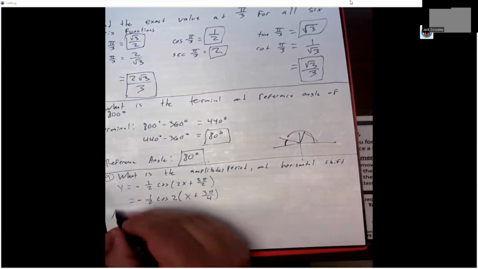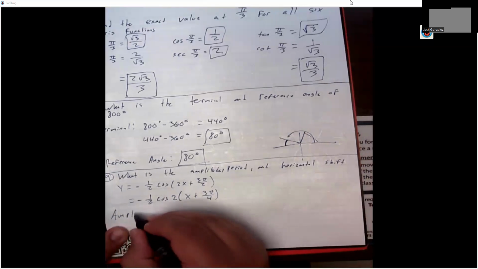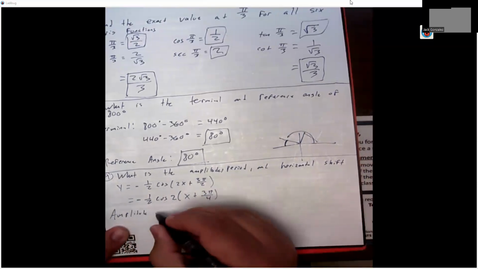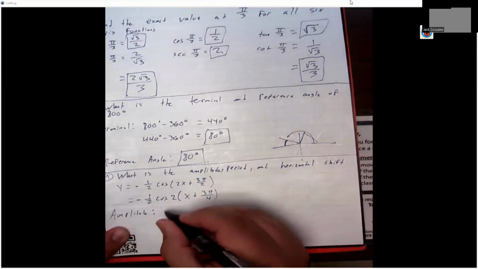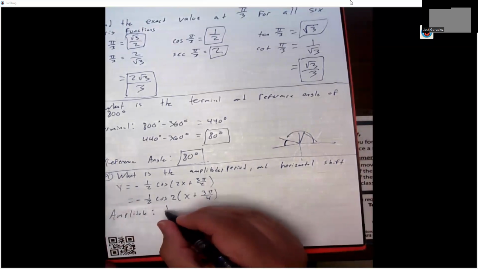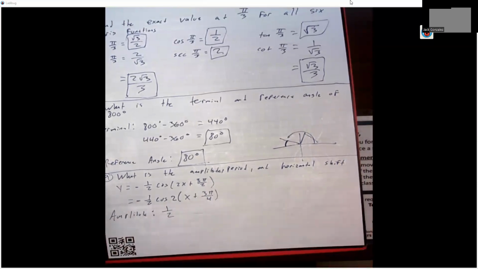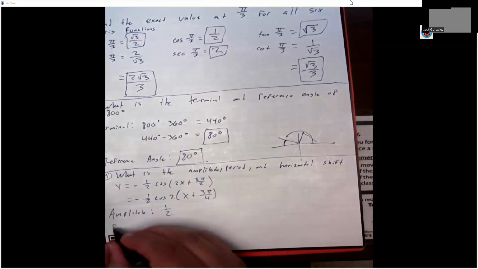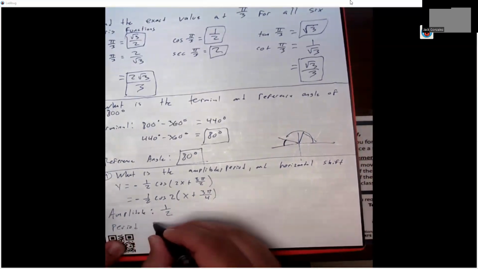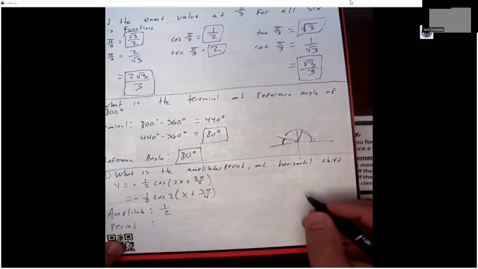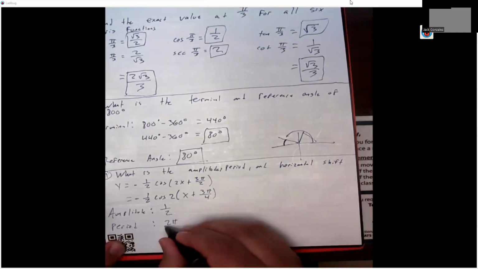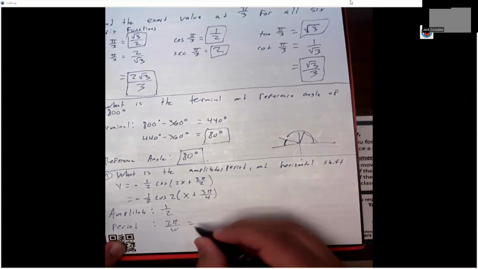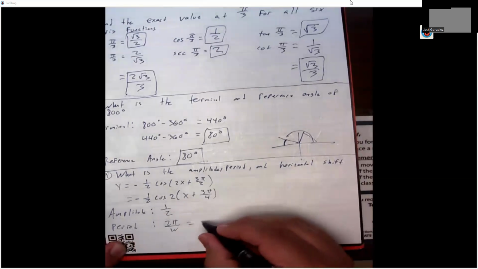All right, so what is the amplitude? It's always going to be positive, whatever is in front of the cosine. The 1/2. Period. For cosine it was 2 pi over omega. In this case, that is the 2.